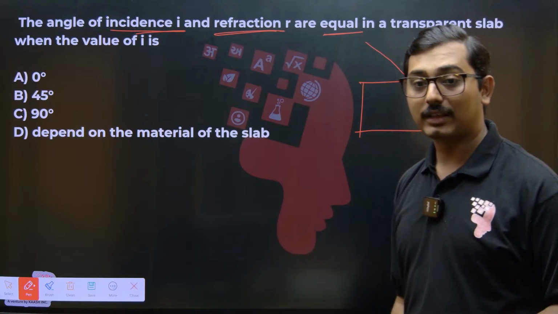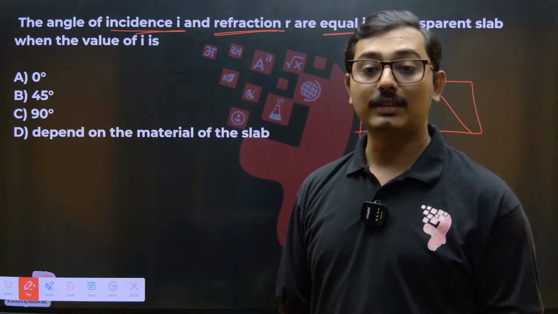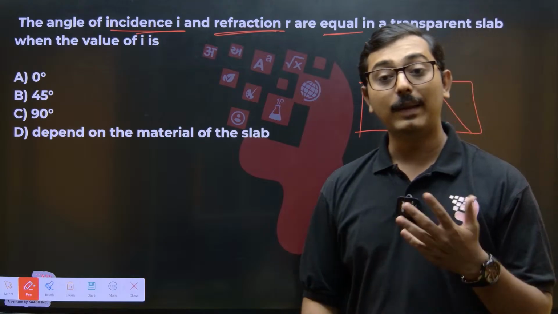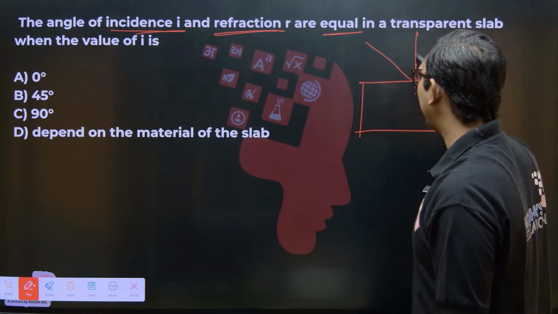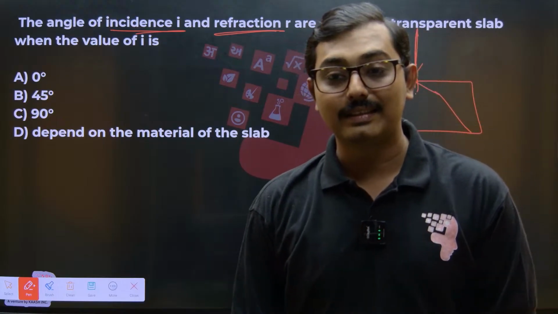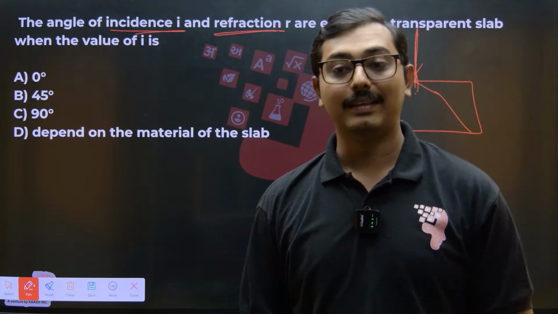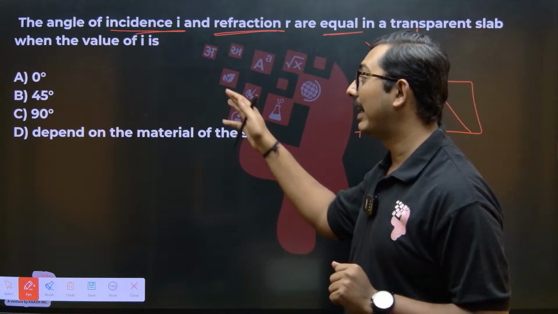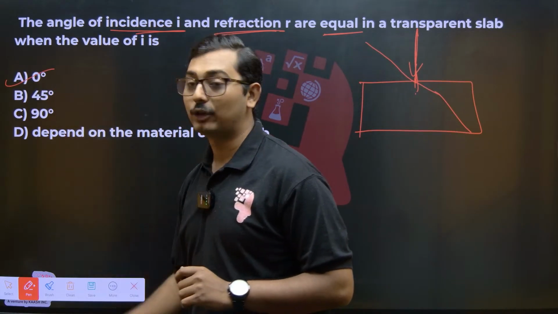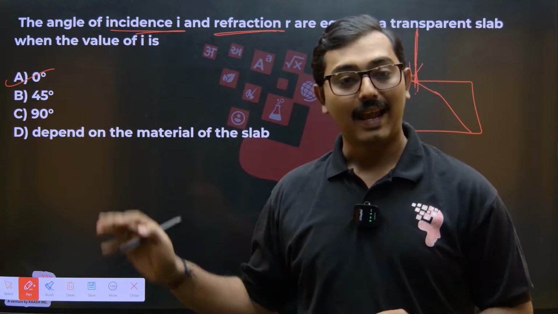That is what refraction means. But when is it possible that it goes in a straight line? It is only possible when the incident ray itself is along the normal. Then and only then will we get our answer as 0 degrees. Hence, our answer is 0 degrees.